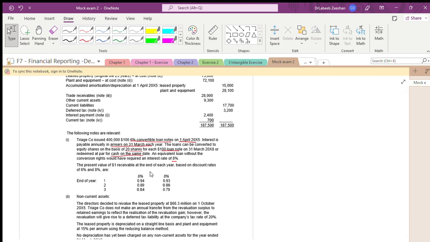The present value of $1 received. What is the rate of interest they have mentioned? They have mentioned 8%.